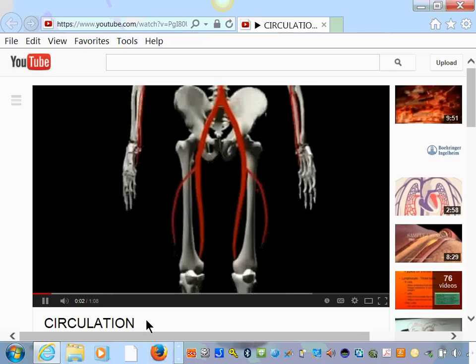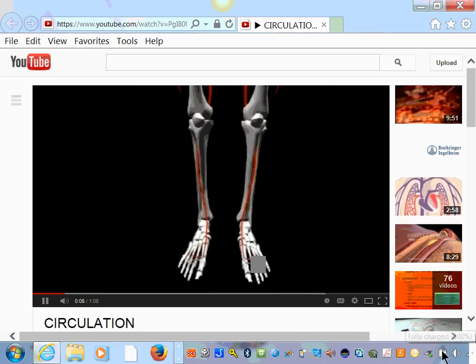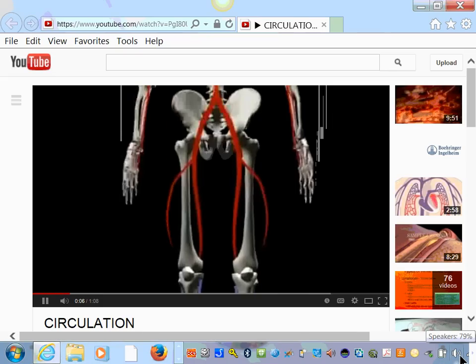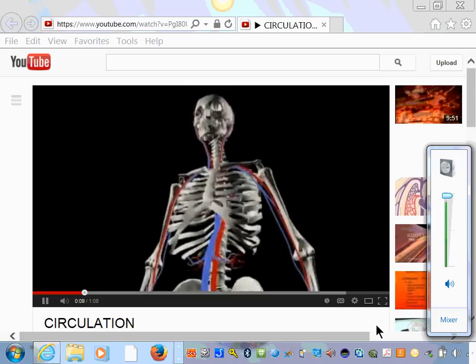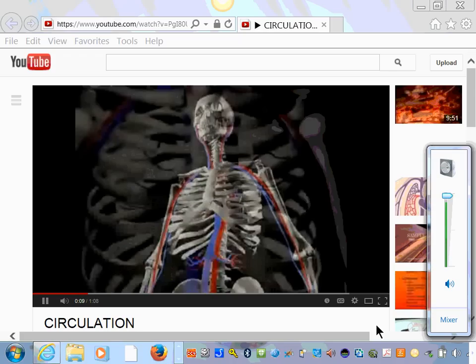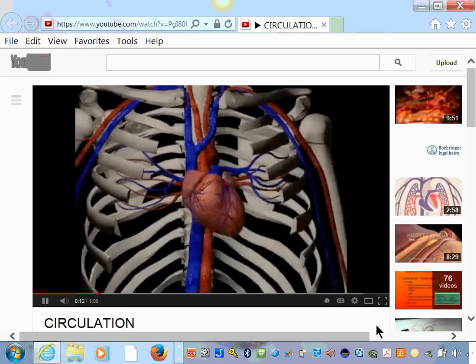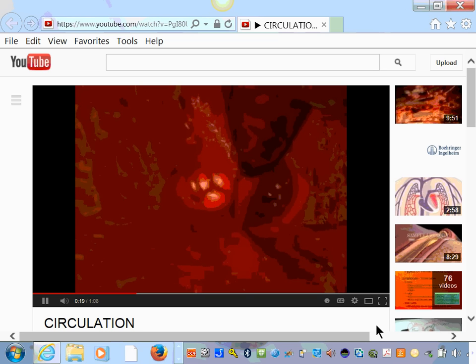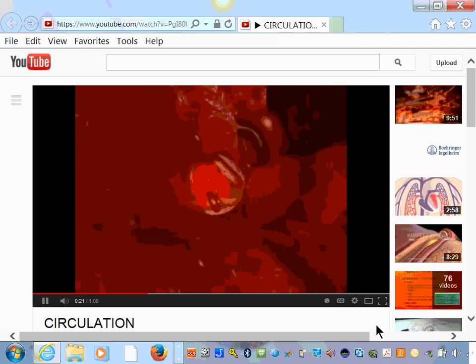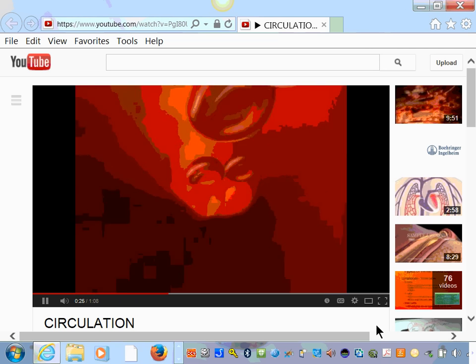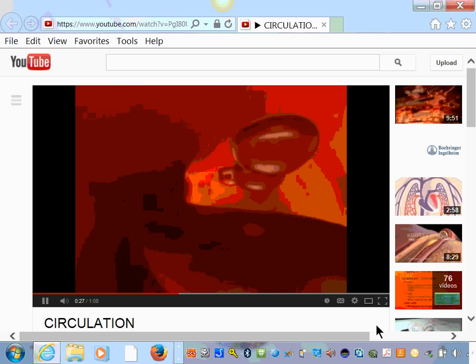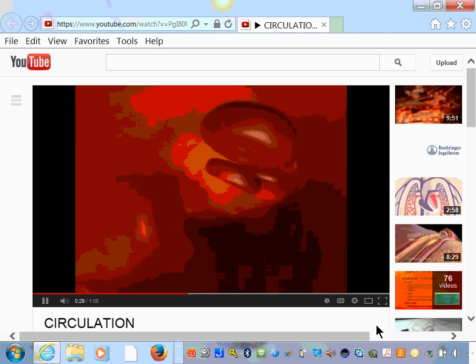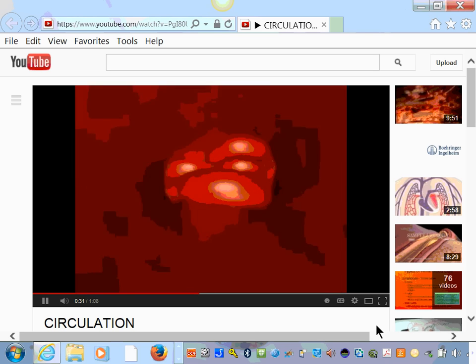The circulatory system, consisting of the heart, arteries, capillaries, and veins, is the pumping mechanism that transports blood throughout the body. In the heart, the left ventricle contracts, pushing red blood cells into the aorta, the body's largest artery. From here, blood moves through a series of increasingly smaller arteries until it reaches a capillary, the junction between arteries and veins.